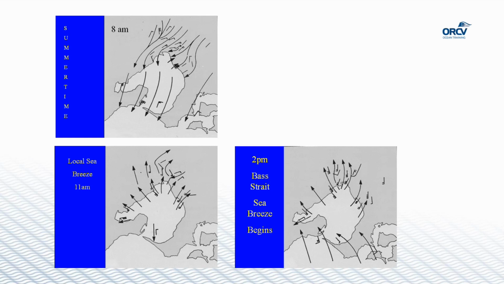You see the clouds start to form from the city, and heading west is the cloud forming. And then, as the sea breeze gets going, the local sea breeze starts to shift away, and the ocean sea breeze off Bass Strait commences, and the wind still searches to be at right angles to the shore.